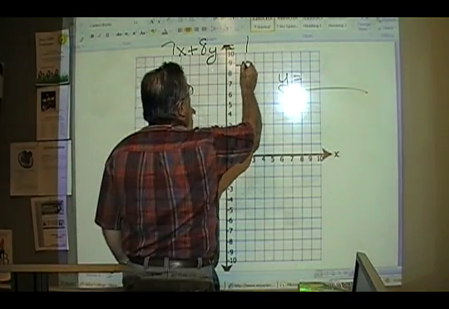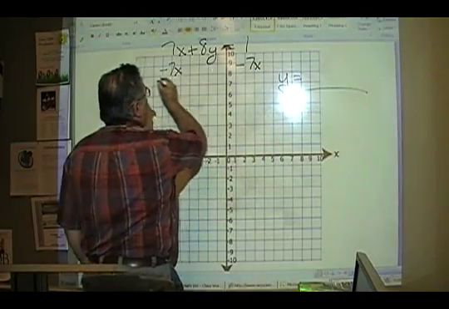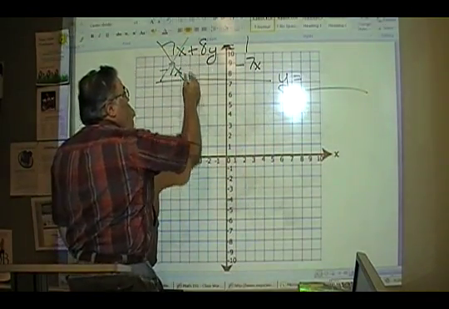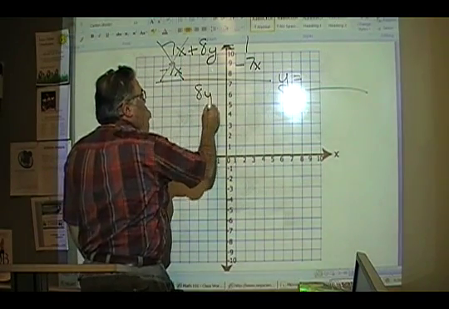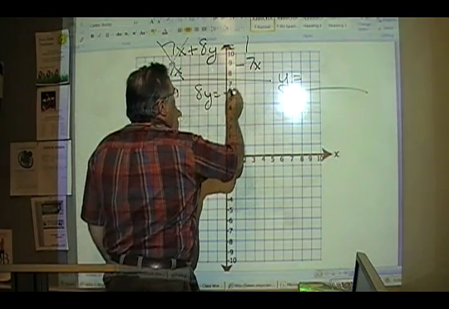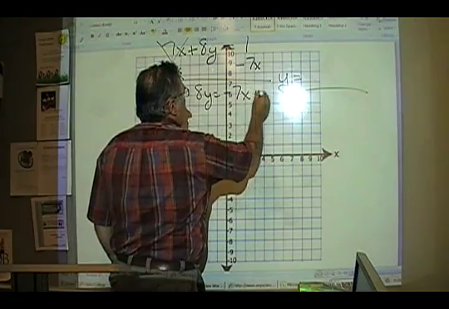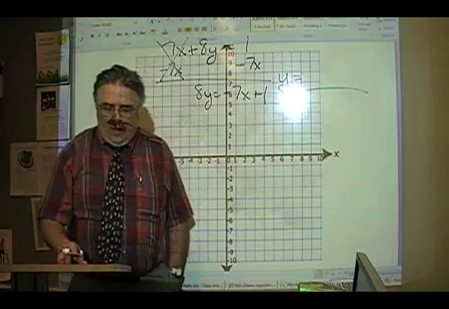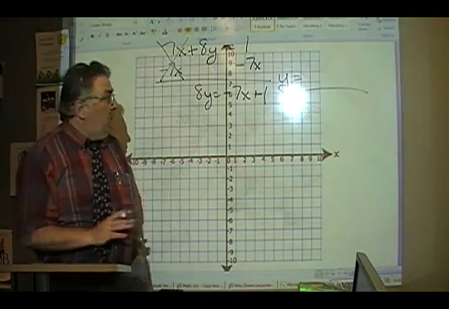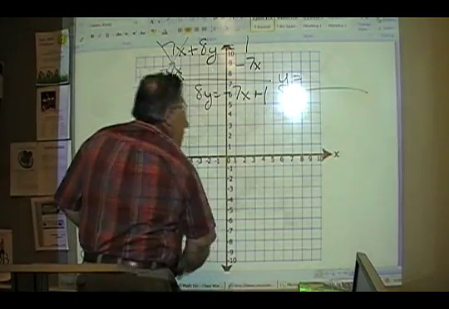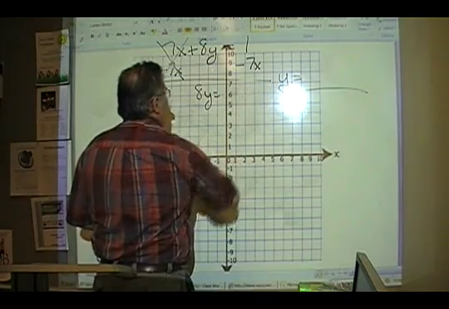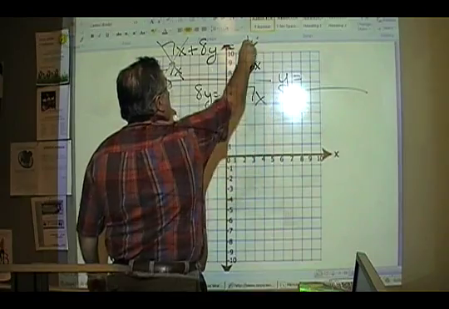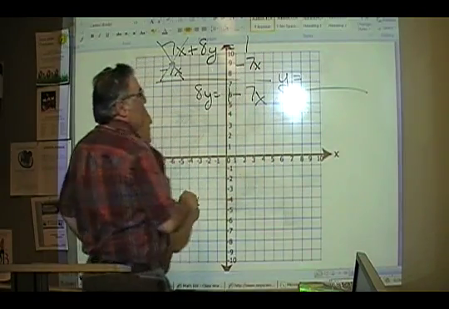If I subtract 7x from each side of the equation, this cancels out on this side, and I'm left with positive 8y equals minus 7x plus 1, or 1 minus 7x. You could write it either way. I'll write it as 1 minus 7x since that's how it was in the notes.